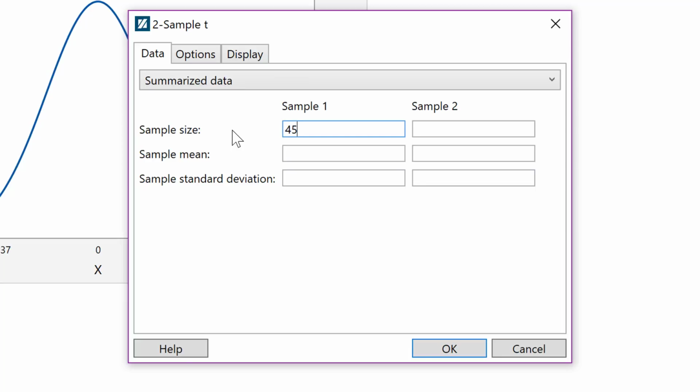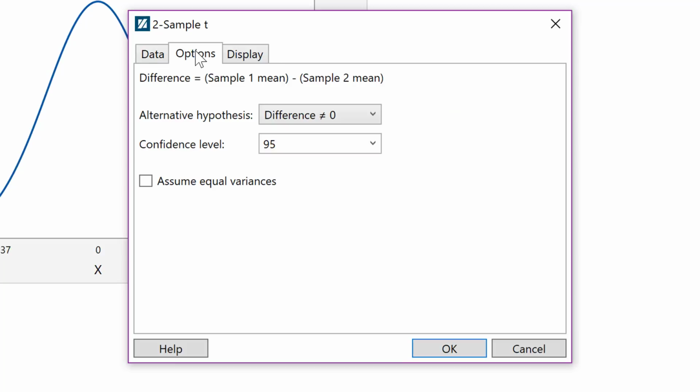The sample size was 45 with a mean of 15 and sample standard deviation of 4. Sample 2 was the treatment group. The sample size was 60 with a sample mean of 16 and standard deviation of 5. Under Options, the default is a 95% confidence interval, so we do not need to change anything here. Click OK.